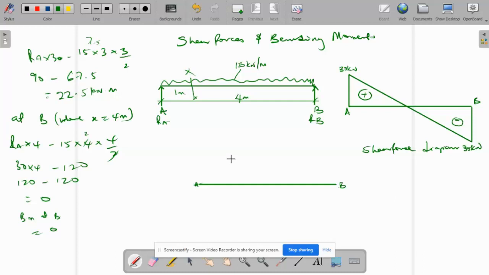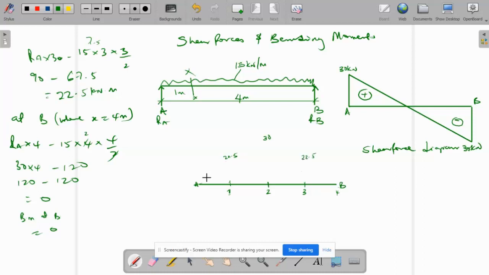At the other points, we were considering at 1 meter, at 2 meters, at 3 meters, and at 4 meters. So here we have 22.5. Here the second one we got 30. At the third point we got 22.5.